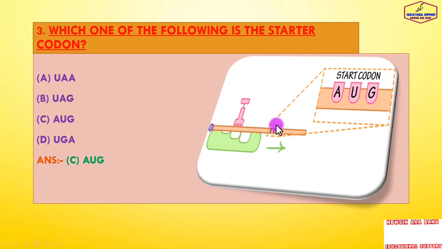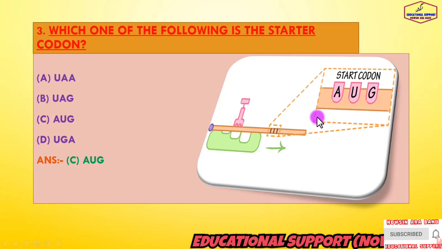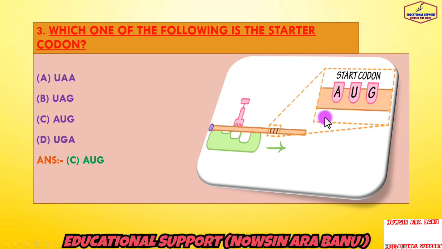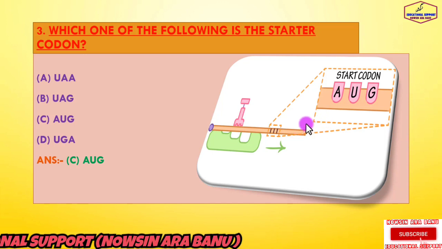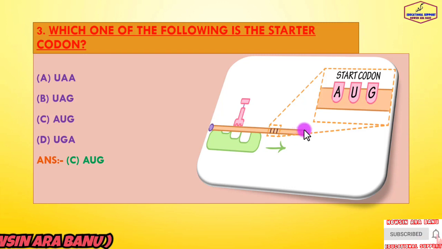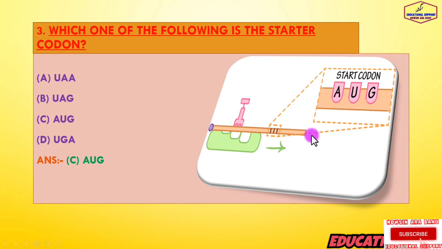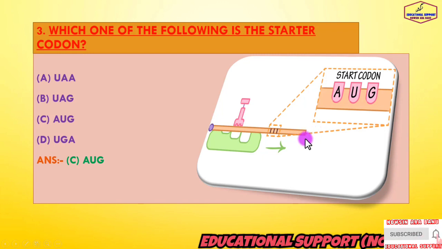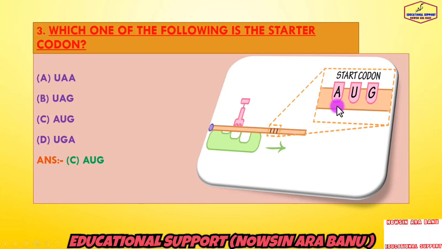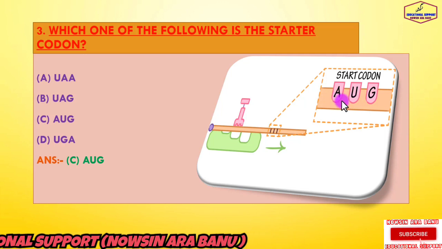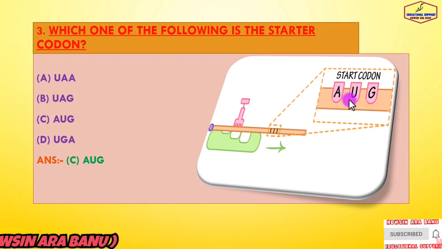Do you know why AUG is the start codon? The start codon is the first codon of a messenger RNA transcript translated by a ribosome. The start codon always codes for methionine in eukaryotes and a modified Met in bacteria, mitochondria, and plastids.